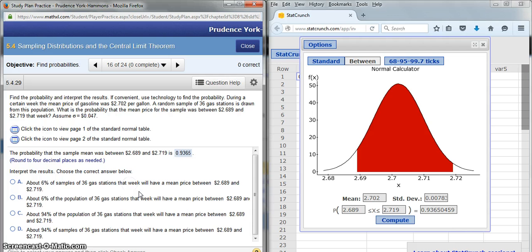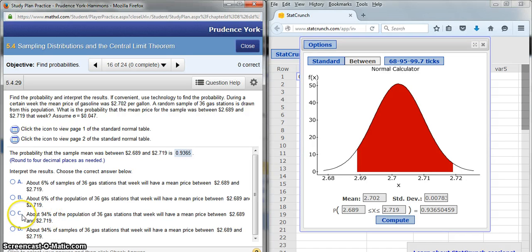It says that is correct, and I have to interpret the results. It says about 6% of samples will have a mean price between, well, that's not 6%. If you change that decimal to a percent, it would be 93.65% or 94%.